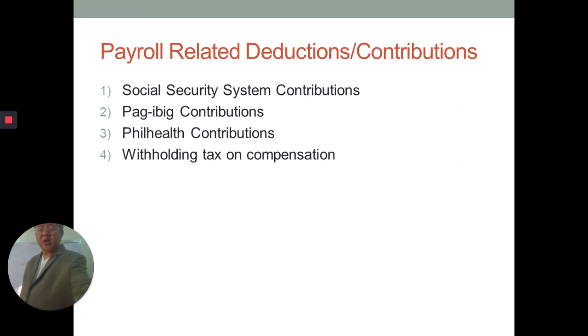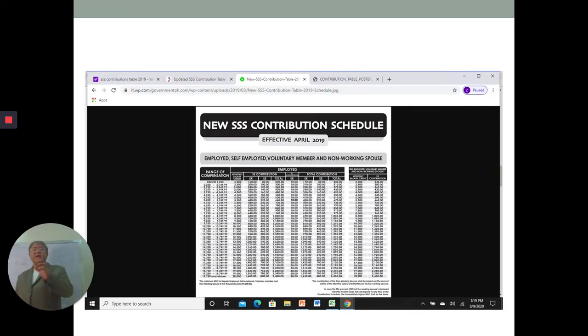Now, for SSS contributions, we have a schedule or a table to determine how much is the contribution of the employee and the employer. Yes, you heard it right. If you are a member of SSS or Social Security System, you will contribute and your employer will also contribute for you.